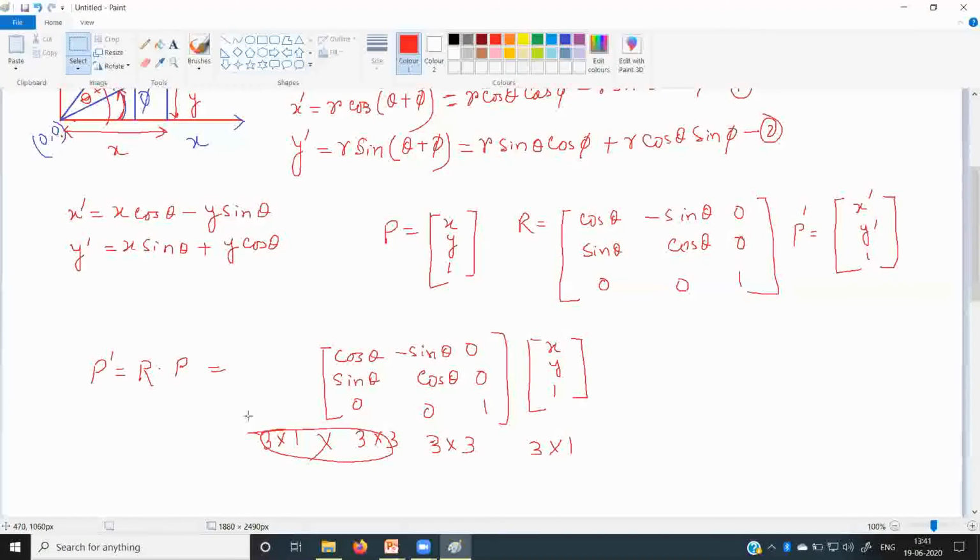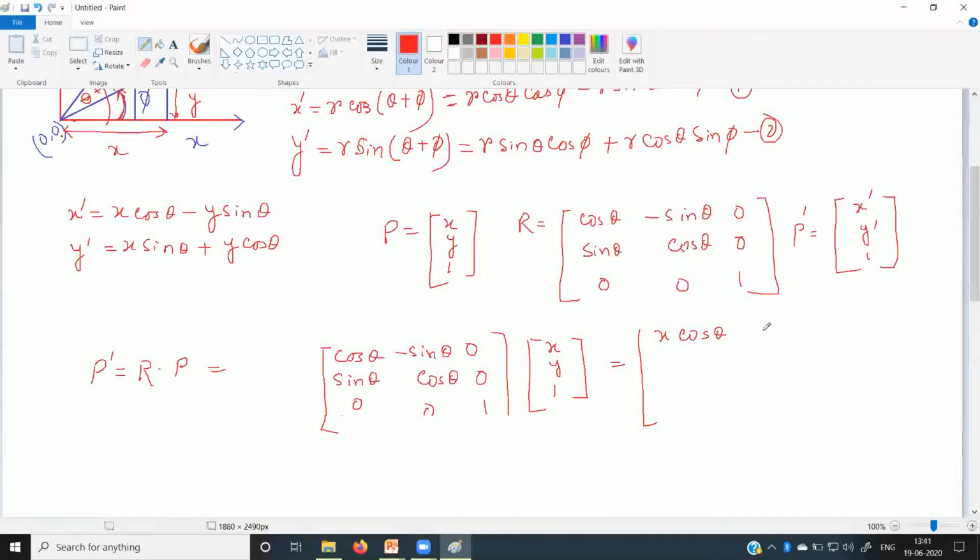Clear? So now if you multiply them, what will you get? You will get x cos theta minus y sin theta. Next, this row will be multiplied with this column, so it will be x sin theta plus y cos theta.